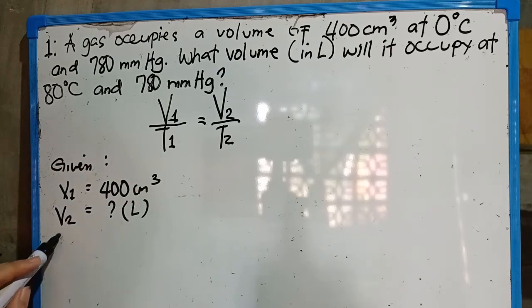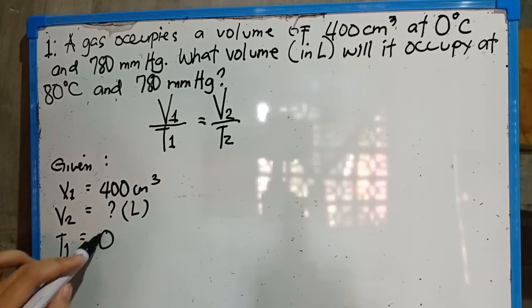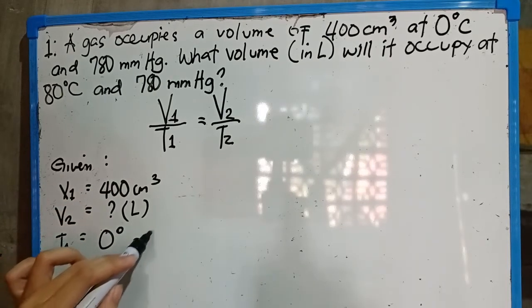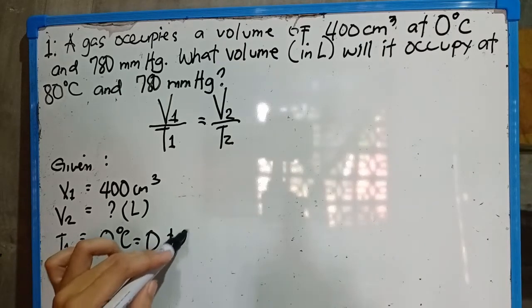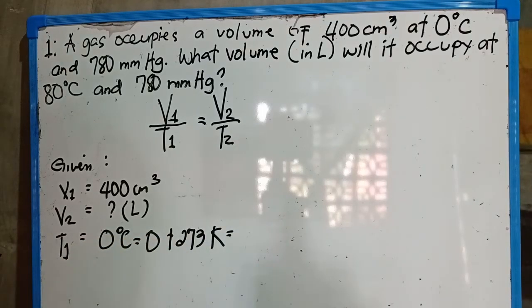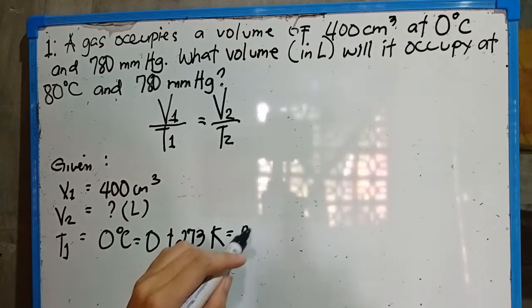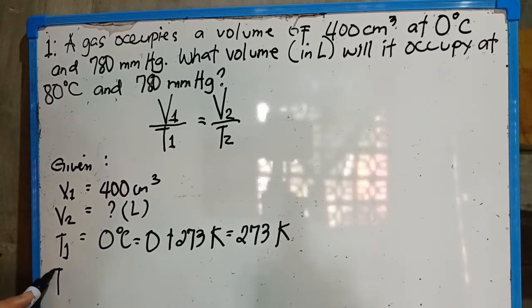Then, our initial temperature is 0 degrees Celsius, which is 0 plus 273 Kelvin, so it equals 273 Kelvin. Now we have our initial temperature. Also, we're going to solve for the final temperature.